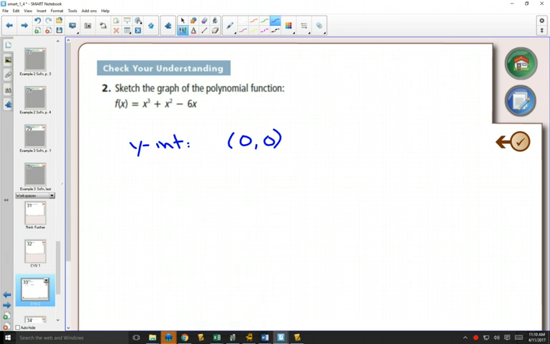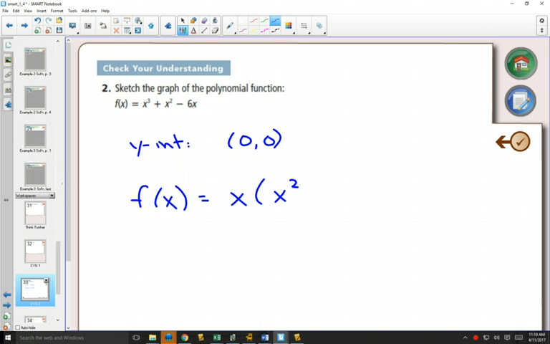Now to find our x-intercepts, we're going to want to factor. You've got to be careful in this one because you see the x cubed and you might get tempted to do all of your factoring things that you did with x cubes before. However, in this case, there's a common factor here. We can factor out an x.